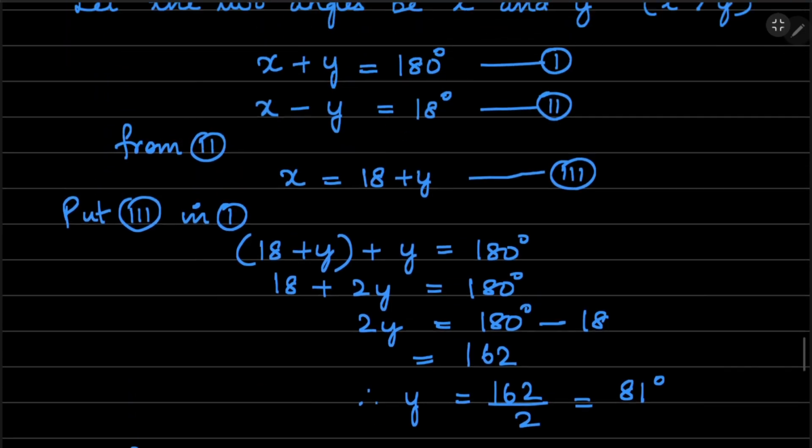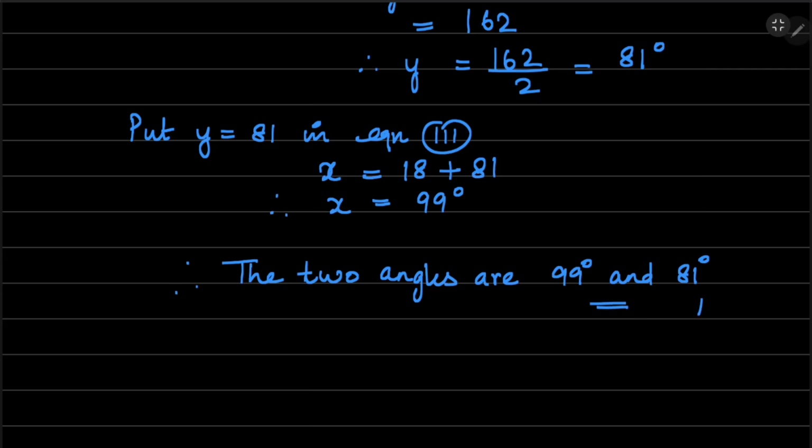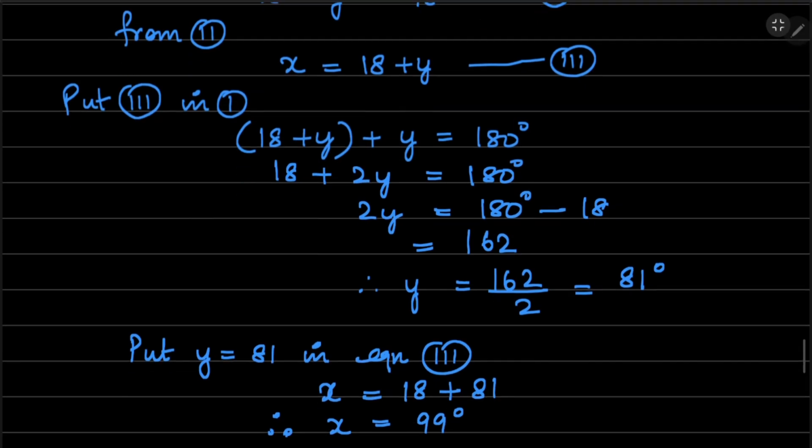Angle means the unit will be degrees. So therefore, the two angles are 99 degrees and 81 degrees respectively. This is your final answer. Always make sure you write the final answer and not just leave it with respect to x and y.